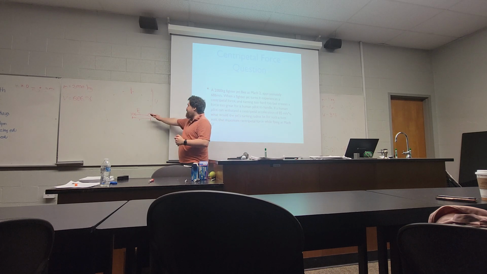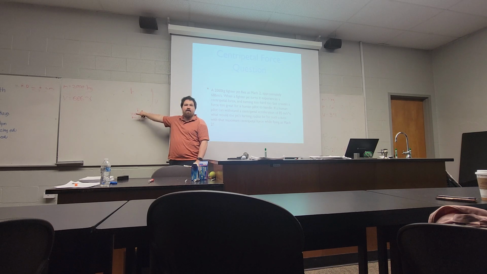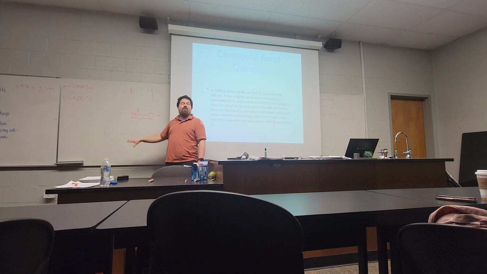So the jet has to physically pivot its whole body to redirect some of its thrust inward to generate centripetal force. So again, in this case, the force playing the part of centripetal force is redirected thrust.